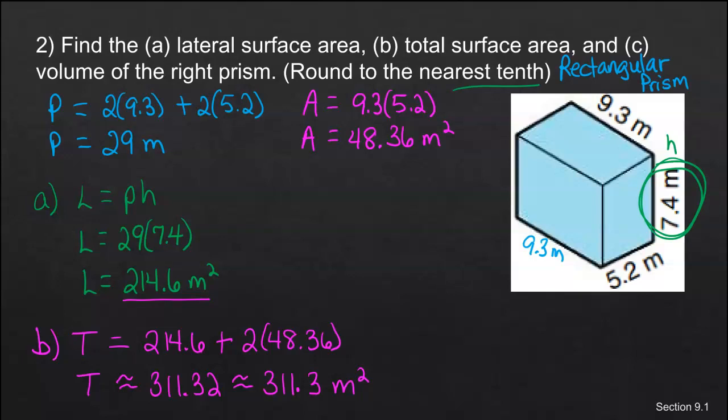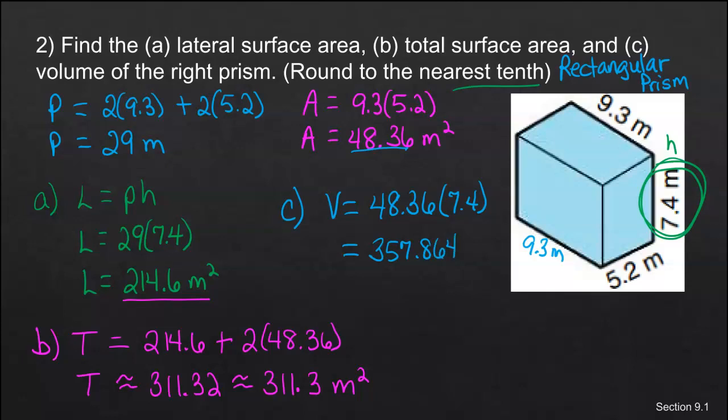Okay. And then the last one is volume. So part C, my volume is area of the base times the height of the prism, so times 7.4, and that gives me 357.864.